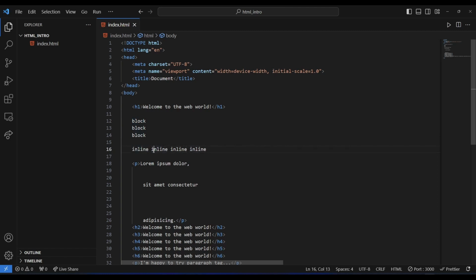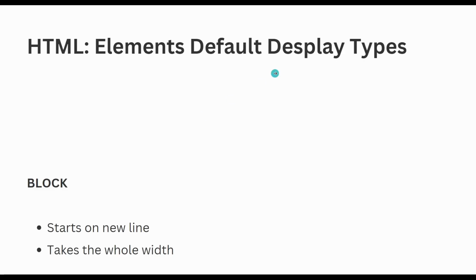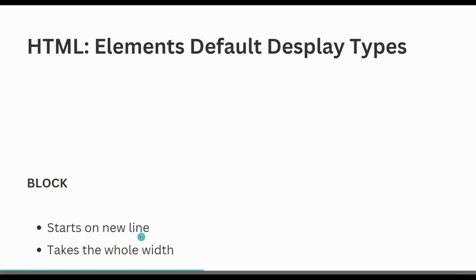Perfect. And every time you learn a new HTML element, please remember to learn whether it's block or inline. That will make your life so much easier in the future. And here is what we've been talking about: display block always starts in a new line, and it always takes the whole width.